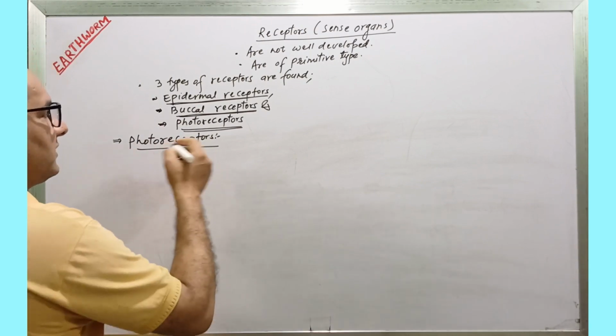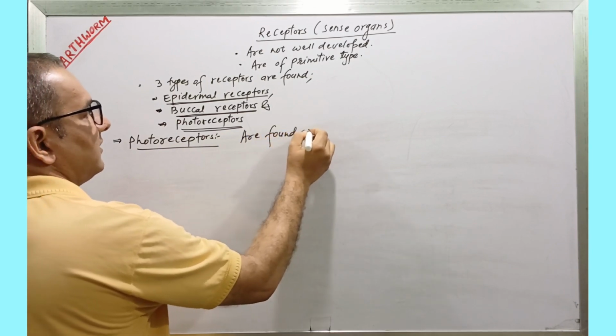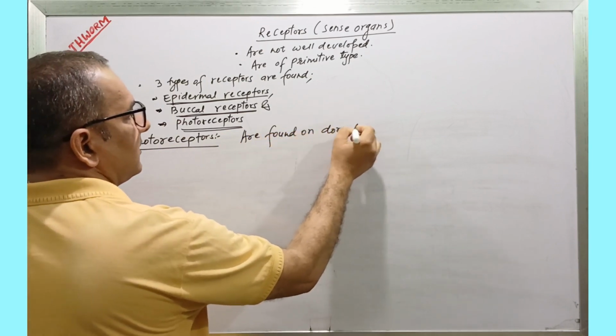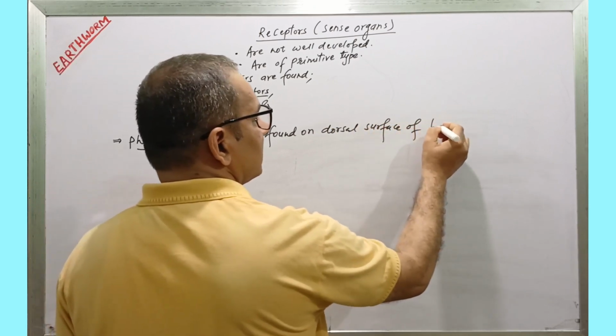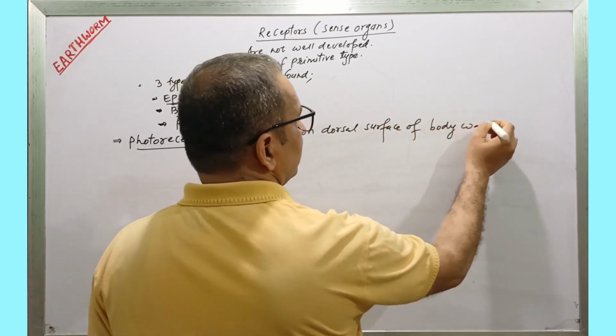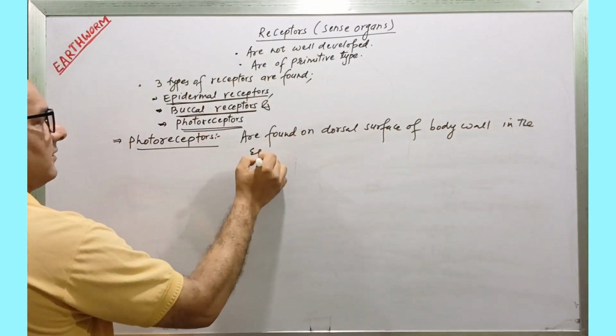Now, the photoreceptors are found on the dorsal surface of the body wall in the epidermis layer.